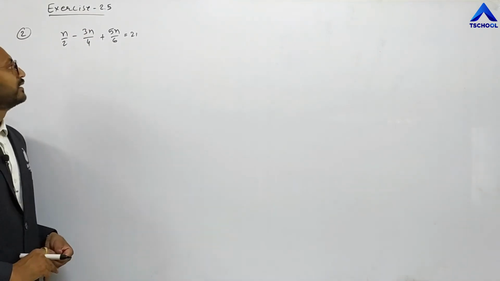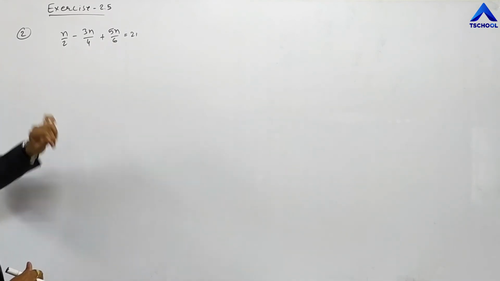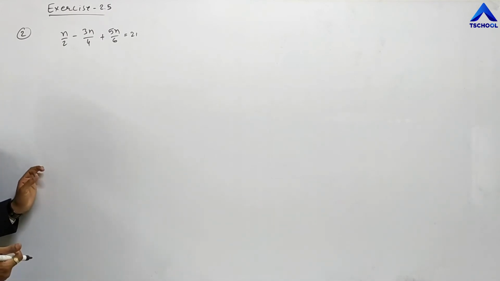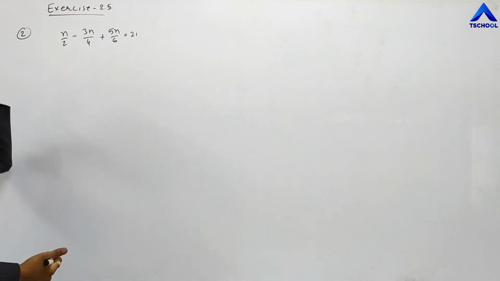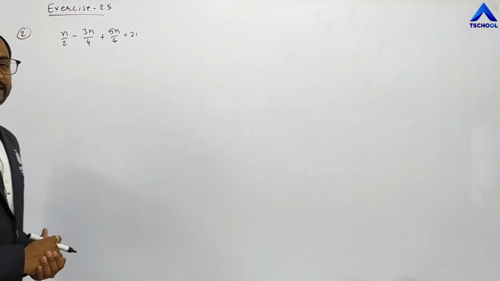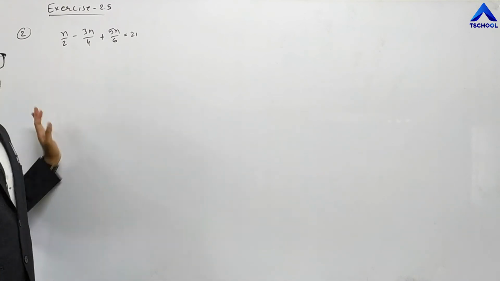Not 30, then 60 is the least multiple of all things. Yes, 60 is the least multiple. That means the LCM of this whole thing is 60.